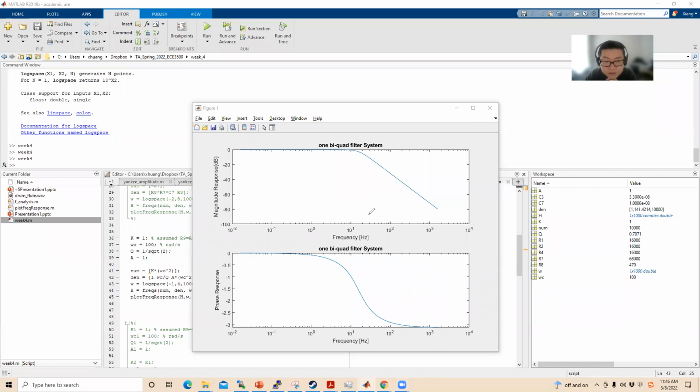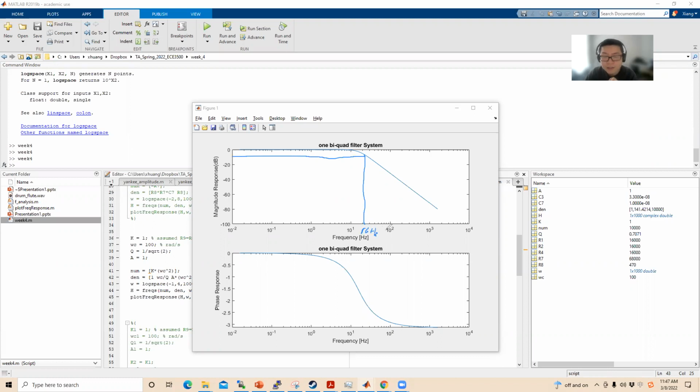Let me see. Here there is a definition of cutoff frequency. The cutoff frequency here is around 64 Hertz.